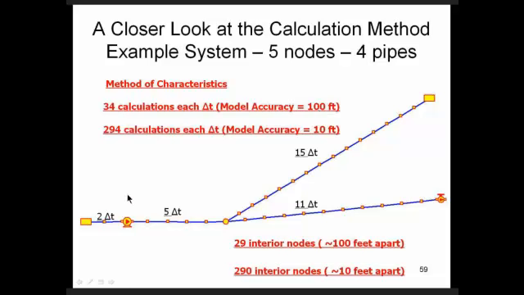Now that might work fine, but that would require 34 calculations for each time step. But if you had some short pipelines, you might have to do it at an even closer interval. We might have to do it at every 10 feet, and that would be 290 interior points. So we're going to be making at minimum 34 calculations instead of 9, and as many as 294.